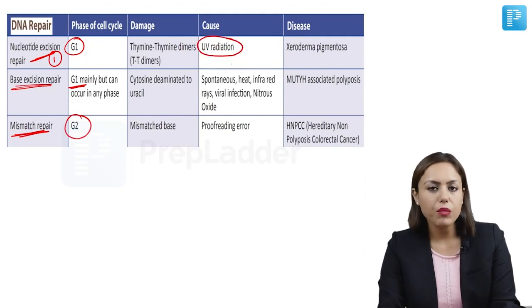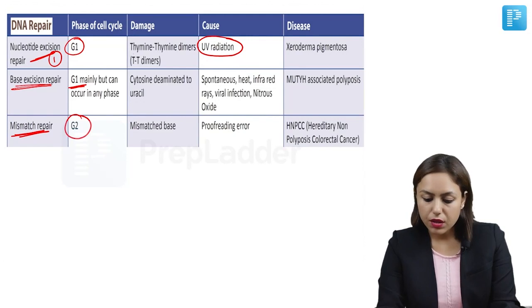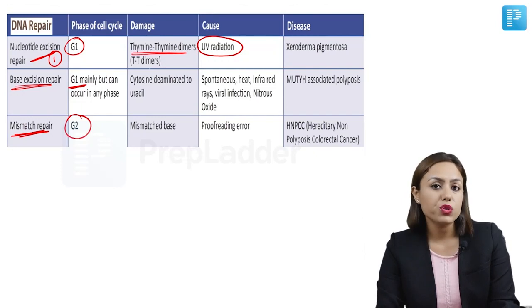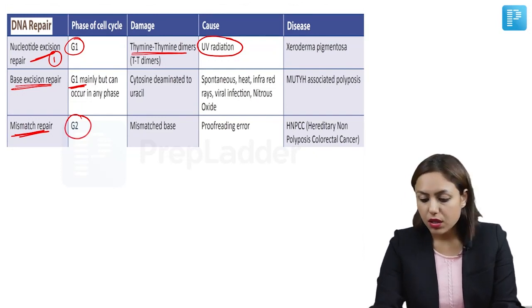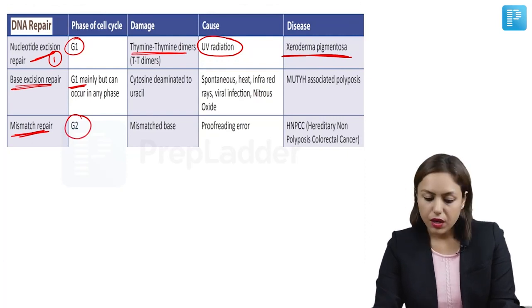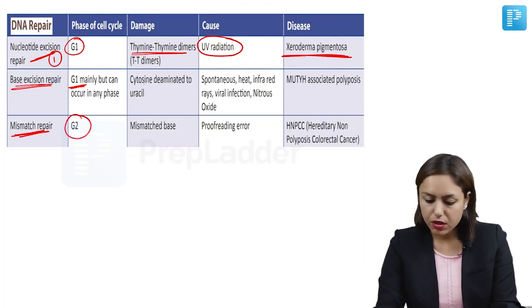Whenever UV radiation damage occurs, the damage which occurs in humans is that thymine dimers get formed, TT dimers, but it is corrected by nucleotide excision repair. And if in some person it is not corrected, then which disease will occur? Xeroderma pigmentosum. Okay. Next is base excision repair. Damage is C to U conversion.